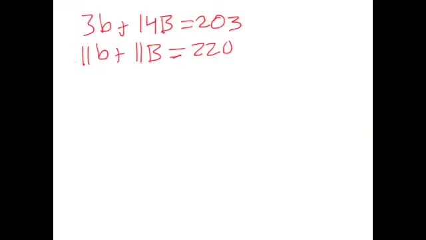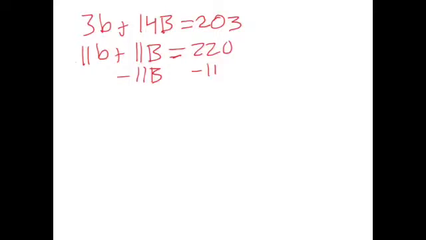Alright, so here I have my system, and I think right now it'd probably be easiest to take my second one and solve for the little b, because I notice everything here is divisible by 11, so I can solve that fairly easily by subtracting 11 large b from both sides.